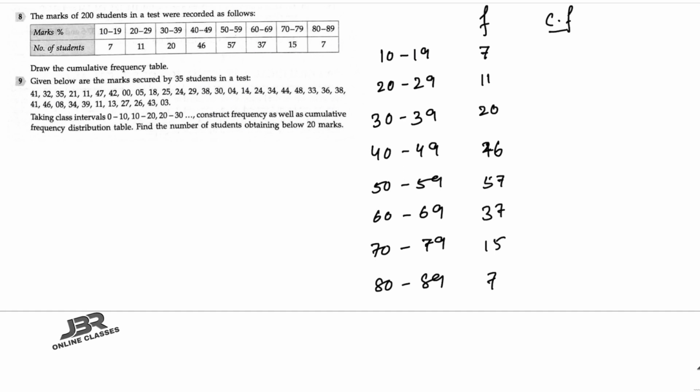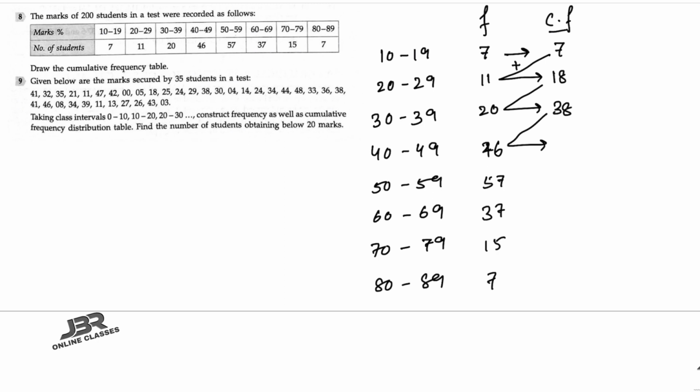Next one, cumulative frequency. Whenever you write down the cumulative frequency, the first one will always be the same. Remember that. So that equals 7. Now 7 plus 11, it will be 18. Then 18 plus 20 equals 38.